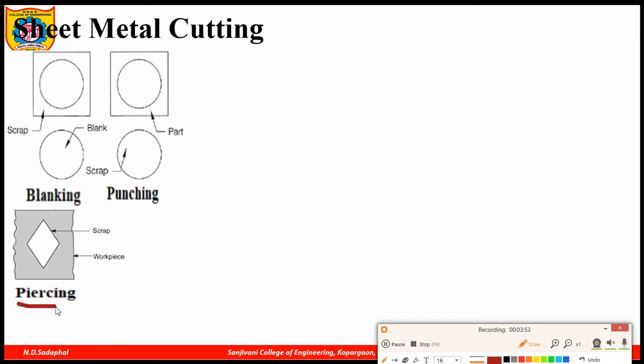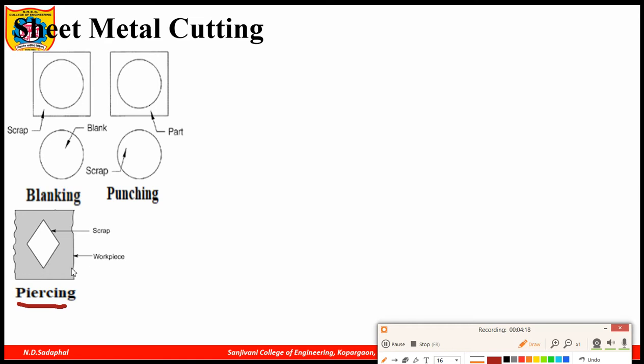Then what is the piercing process? What is the difference between blanking, punching and piercing? In blanking and punching, the part removed from the main workpiece is circular. But in piercing, you can remove any shape: triangular, rhombus, pentagonal, hexagonal.